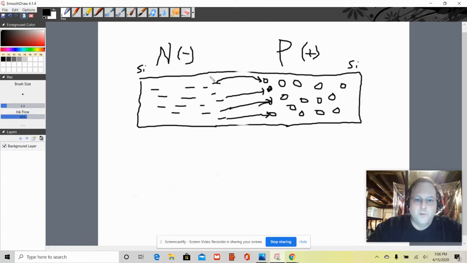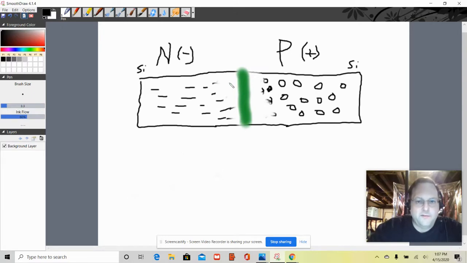When that happens, it creates a barrier. Let me go here, make it green. It creates a barrier right along here, because I've cleared out all of the electrons here, and I've filled up the holes right on this line.